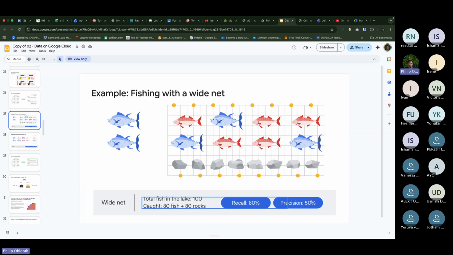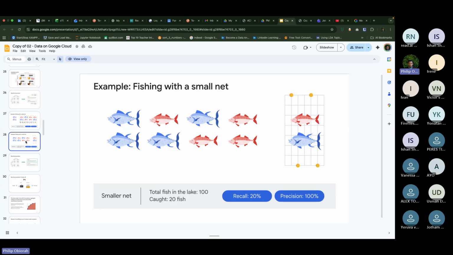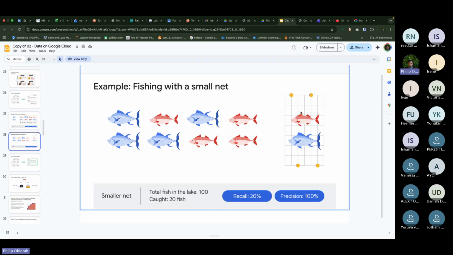There's usually a trade-off between precision and recall. When you widen the net, you want to catch all the fish, but you're bound to catch rocks too. But when we want to make sure we only catch the fishes, we use a smaller net.